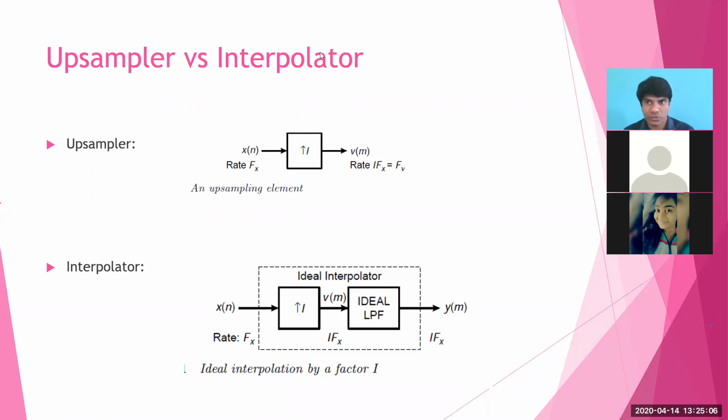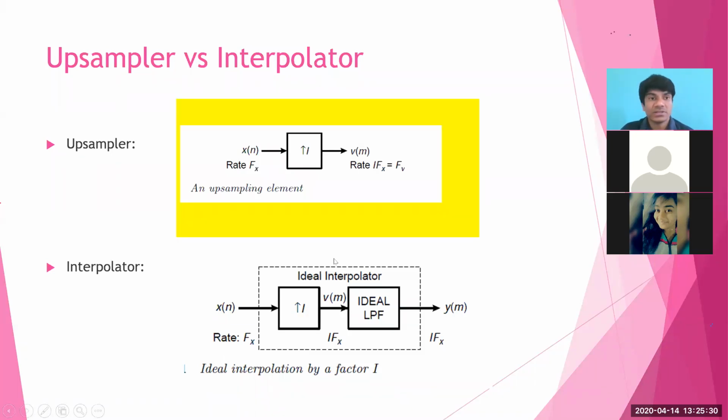By stuffing zeros. In the time domain, we see that effect as insertion of zeros. In the frequency domain, we see the same effect as repetition of the spectrum multiple times, I times. Okay.